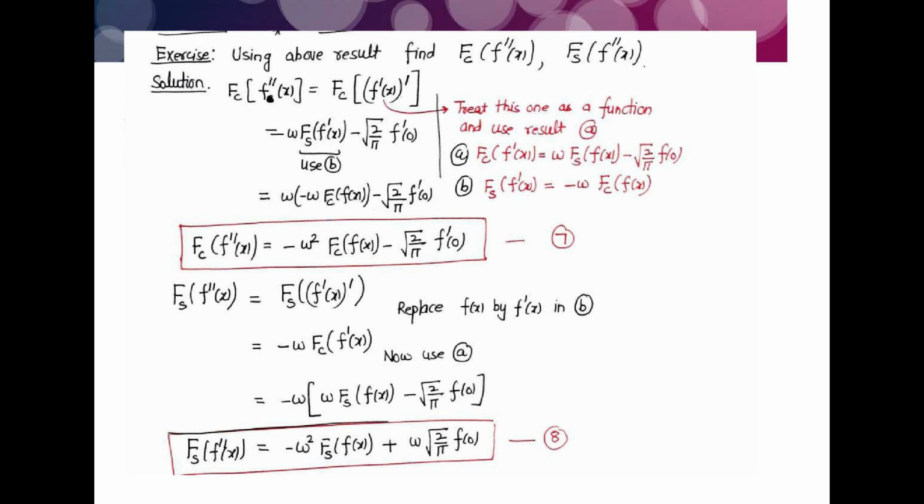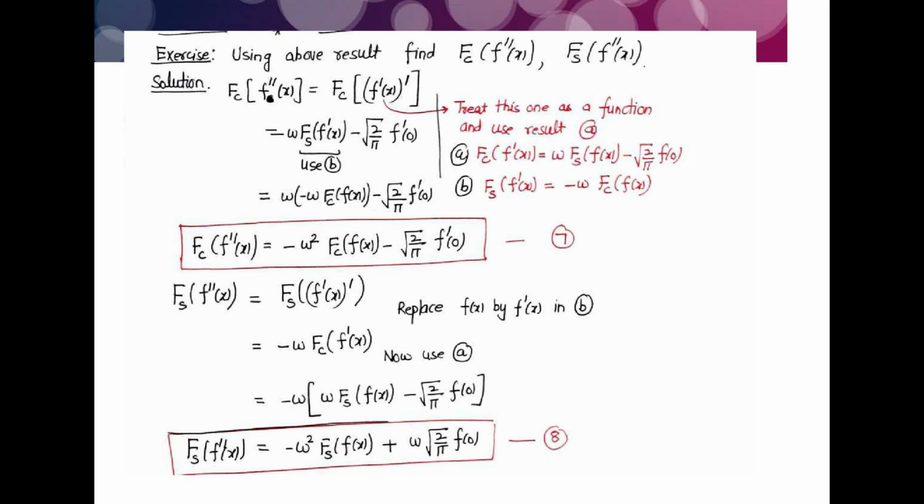This is expression A, the property of the Fourier cosine and sine transform of the first order derivative. In this expression, replace your function f of x by f double dash. We apply this property and we have w times the Fourier sine transform of f dash x minus root 2 upon pi f dash 0.